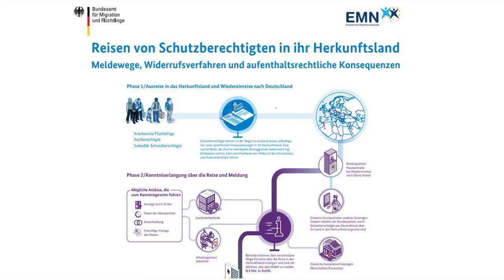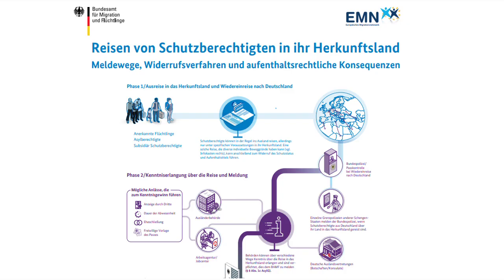The German authorities which report or inform the Federal Office for Migration and Refugees about your visit to your country of origin are the Foreigners Office, which in German is called Ausländerbehörde, the Job Center, the Employment Agency, which in German is called Agentur für Arbeit, the Federal Police of Germany when they control your passport while you are returning to Germany, and the German embassies and consulates abroad.